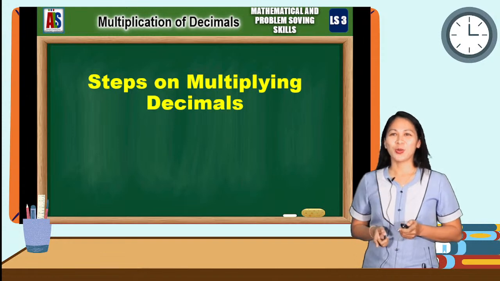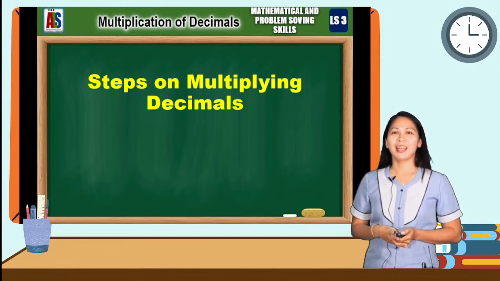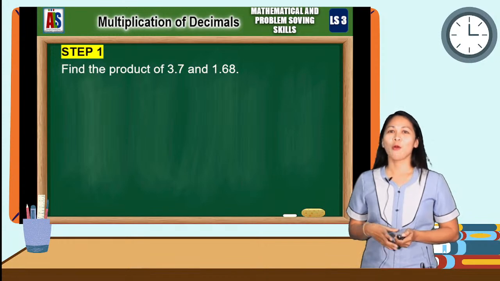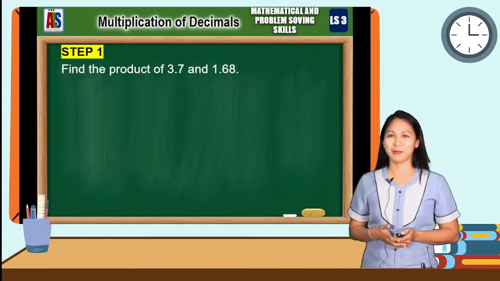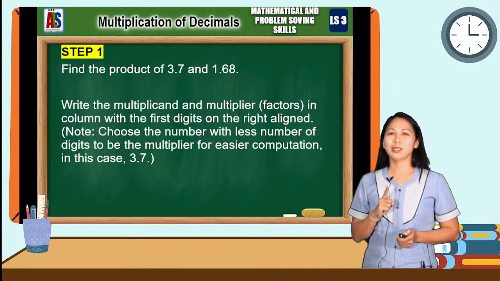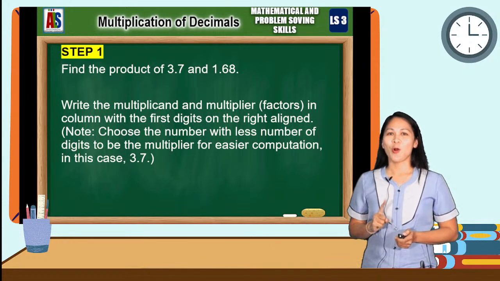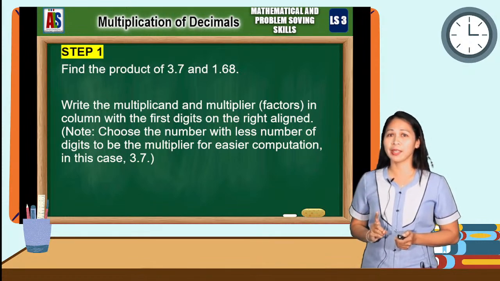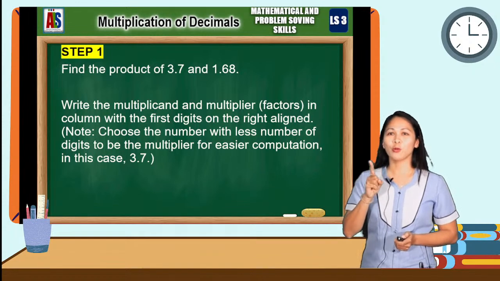Okay? So, using the step-by-step process, let's find the product of 3.7 and 1.68. The first step is to write the multiplicand and the multiplier, or the factors, in a column with the first digit on the right aligned. Take note.